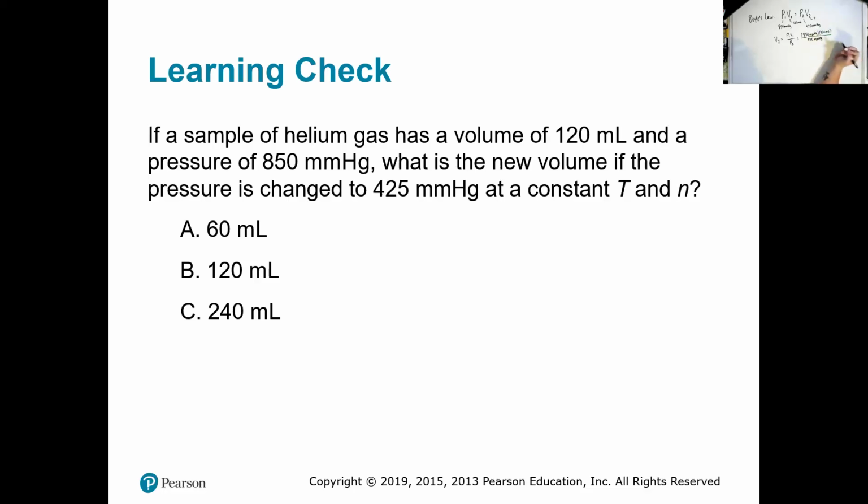All right, and our pressure units are going to cancel out. And our new volume is going to be 240 milliliters. Whatever the units are here, that matches with the units that we're going to report here.